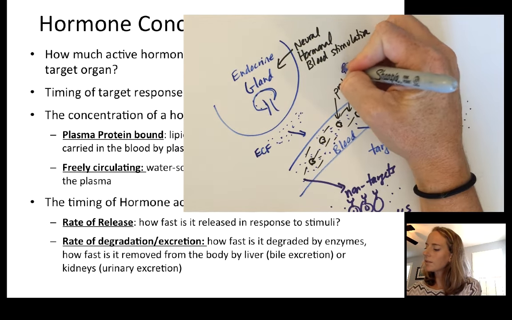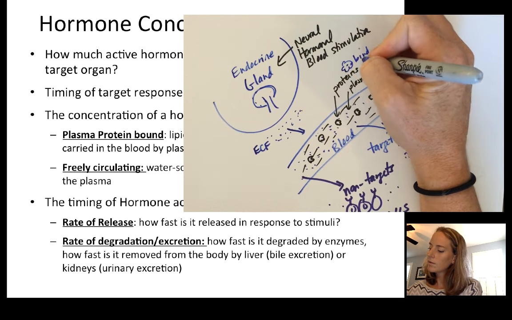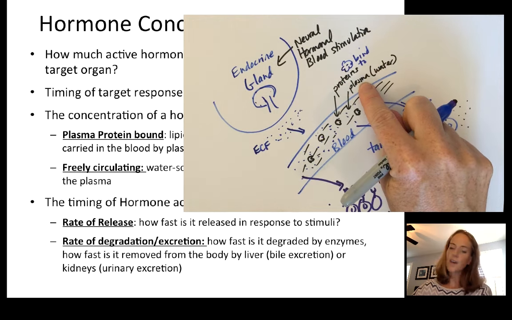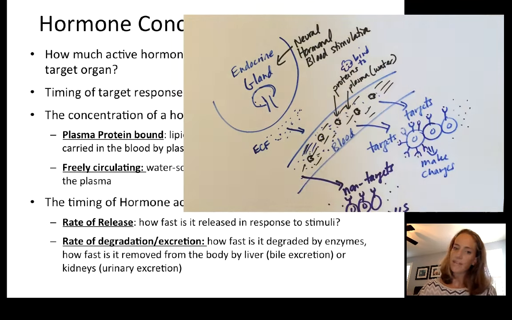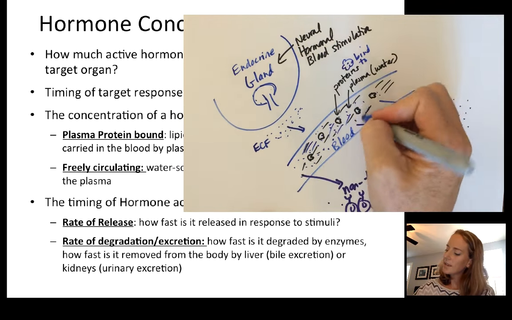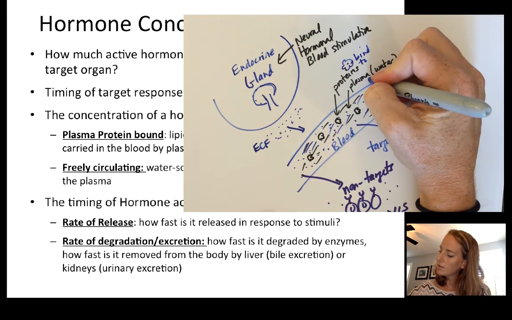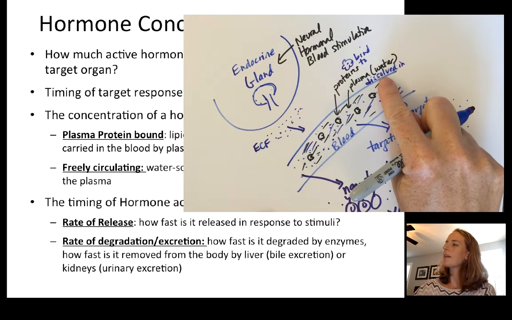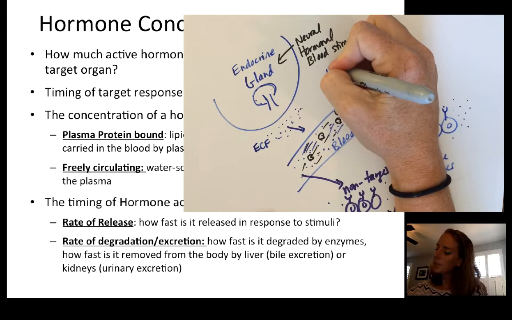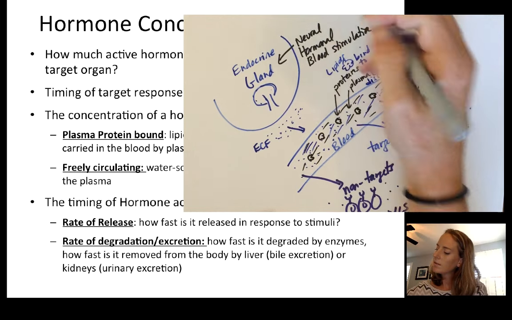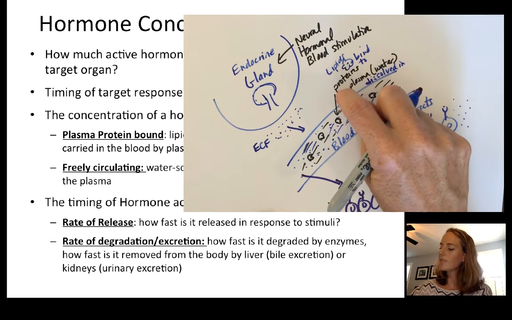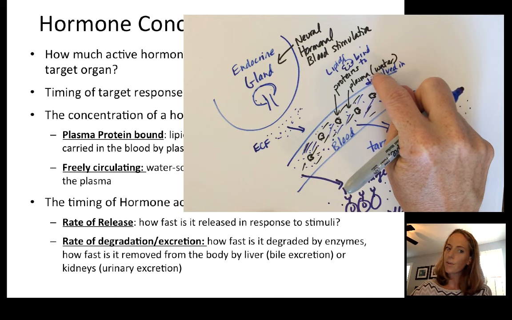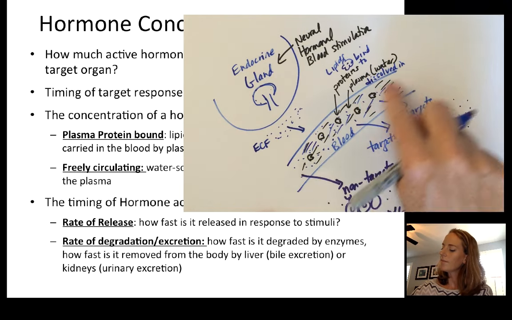It's going to bind to proteins in the blood. A water-soluble hormone we consider to be freely circulating because it can just float around and be dissolved in the plasma. So lipid soluble hormones have to be bound to proteins in the blood. Water soluble can dissolve freely in the plasma.